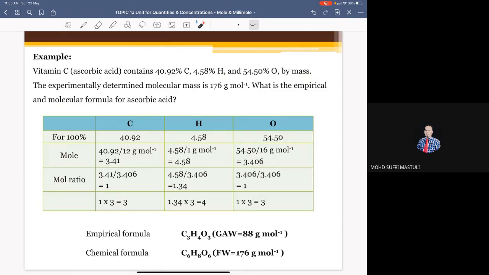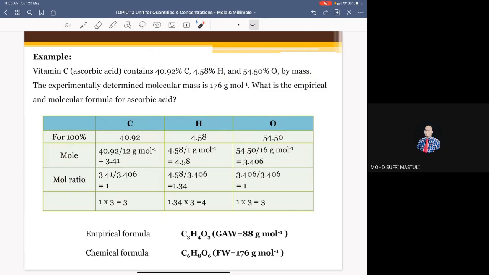First, you have to calculate the mole of each element in the ascorbic acid, meaning that you divide the mass by the atomic mass of that element. For example, for carbon, we have 40.92 divided by 12 gram per mole, so you can obtain the mole number of carbon, 3.41.